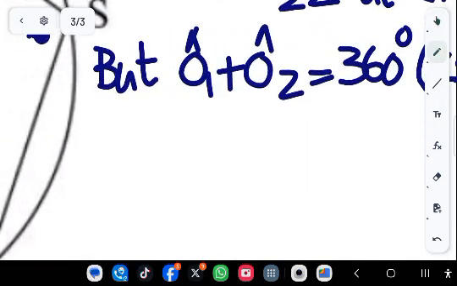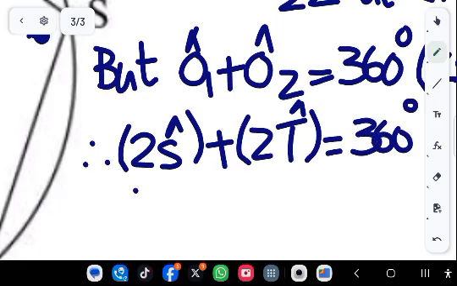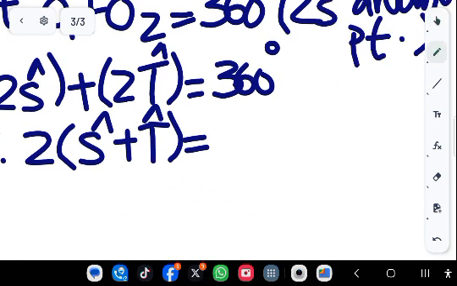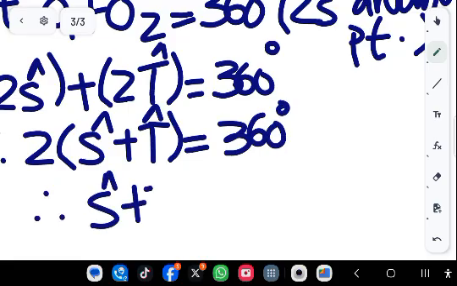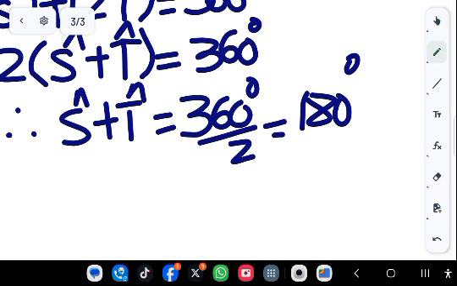Therefore 2S plus 2T equals 360 degrees. Let's factorize: 2 times angle S plus T is equal to 360 degrees. Now we divide both sides by 2, leaving us with 180 degrees, and there you have proven it.